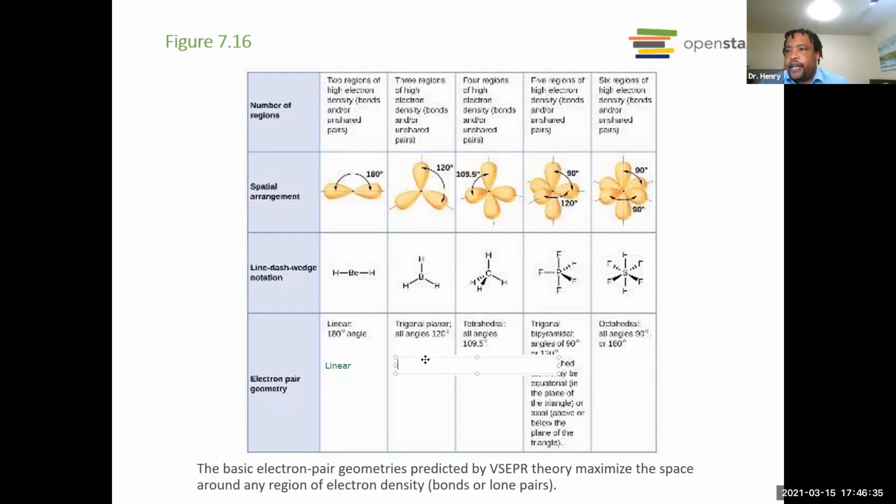So as I said, because we have three attachments, in the case of boron trihydride, this guy would also be trigonal planar.